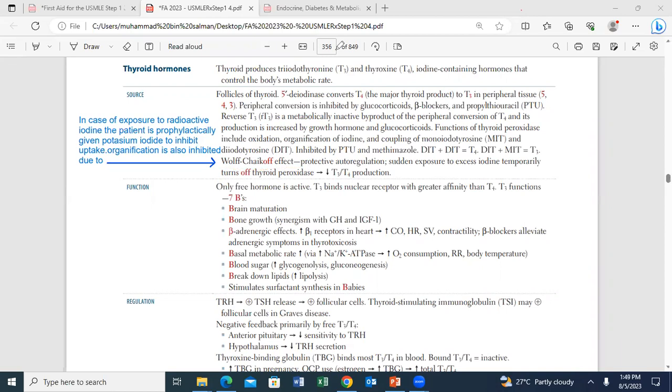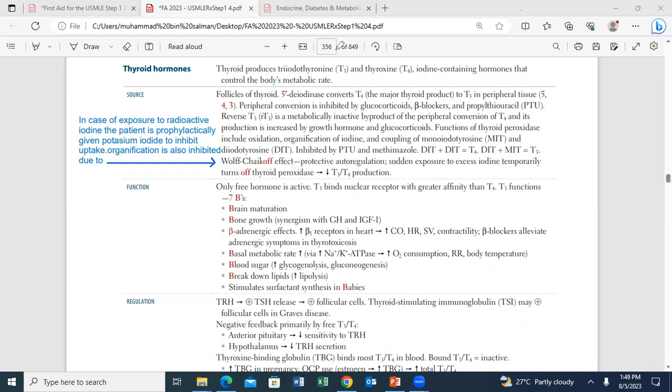Now, since we are done with all these complex concepts which are very, very high yield, I'm telling you they are very high yield, especially the functions performed by thyroid peroxidase and the conversion of T4 into T3. You're going to get clinical scenarios in which a person has raised T4 and raised T3, so you will realize that there is increased formation of thyroid hormones.